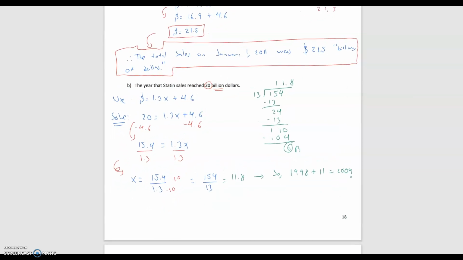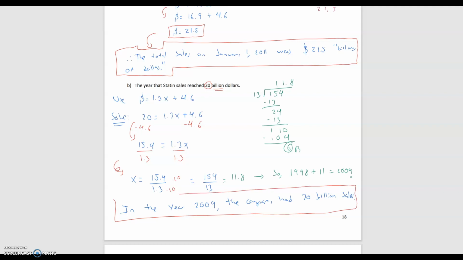And let me just rewrite it as that in the year 2009, the company had, in this case, 20 billion sales. That's actually it for these two.